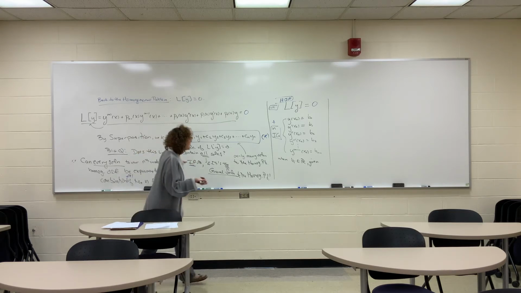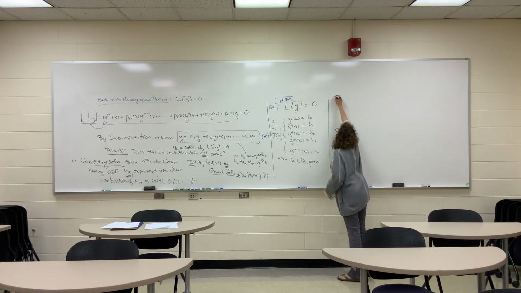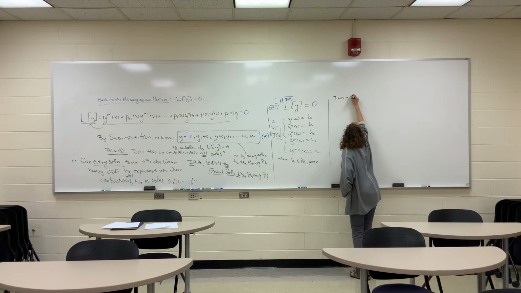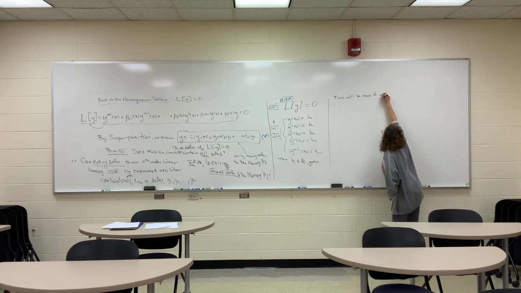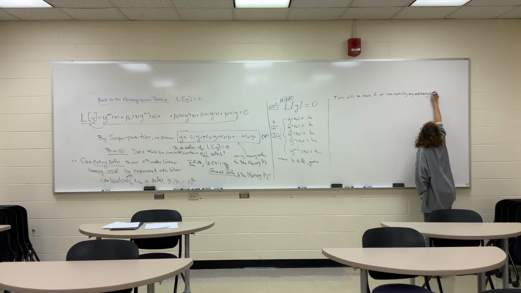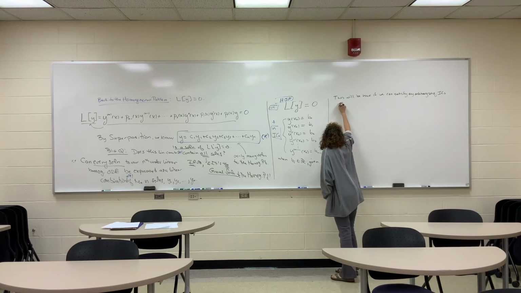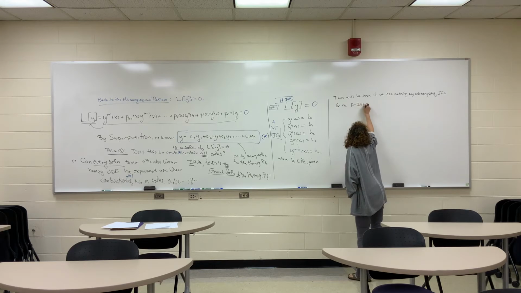All right. Well, what will make that true? Jumping up to here, I'm going to leave this here for right now. This will be true if we can satisfy any arbitrary set of initial conditions for the homogeneous initial value problem.